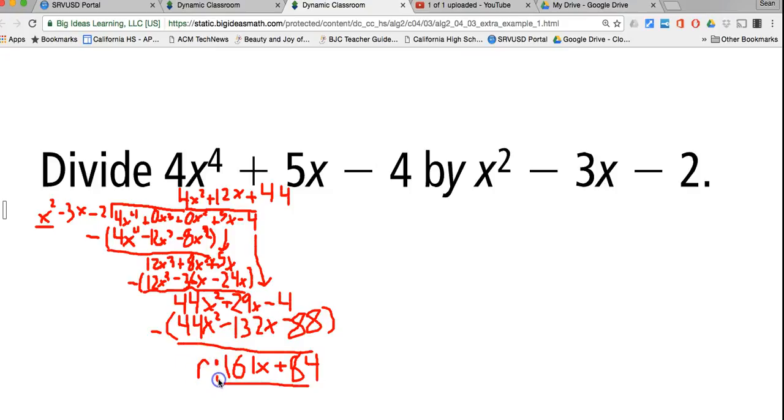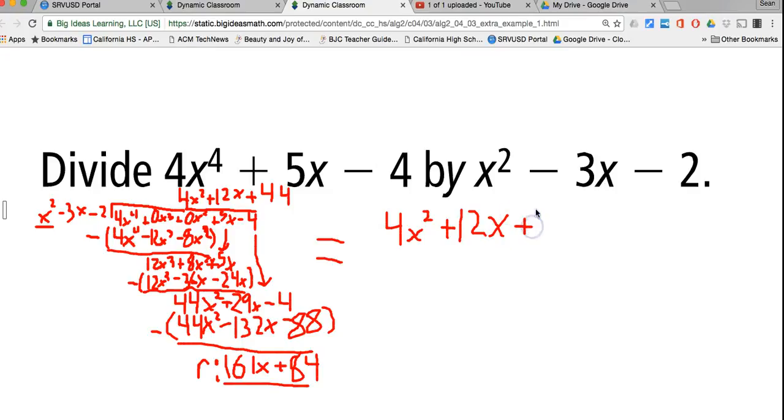So I'm going to write remainder here. That means our answer is our quotient plus our remainder. So our answer is going to be 4x squared plus 12x plus 44. And while I'm writing this down, if you guys have any questions, you can go back and pause it and look at the work.